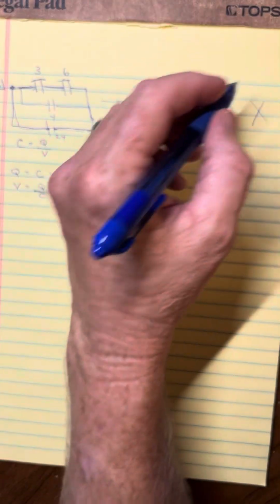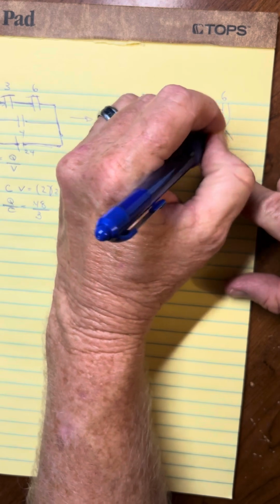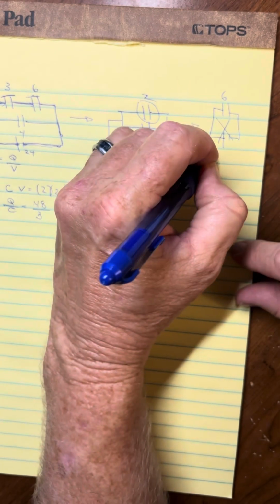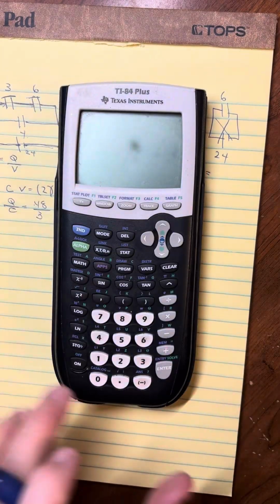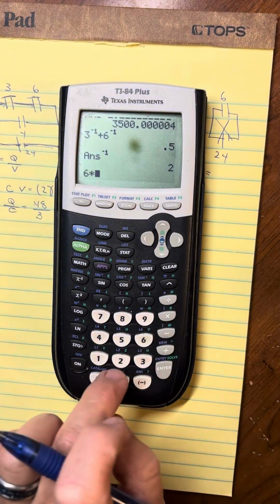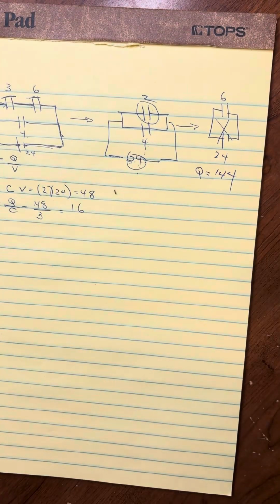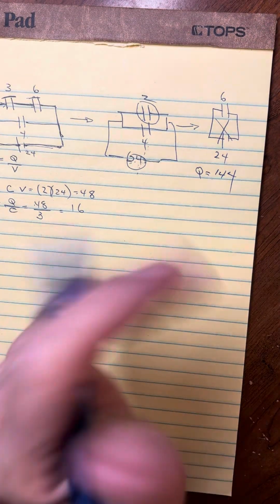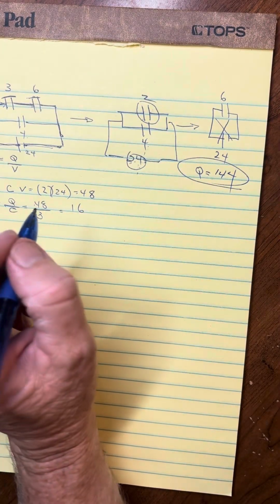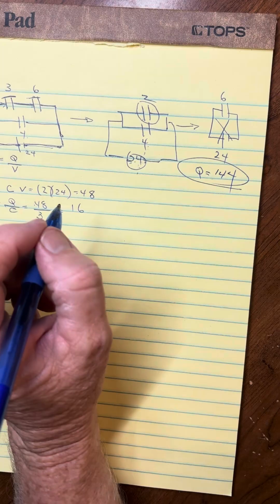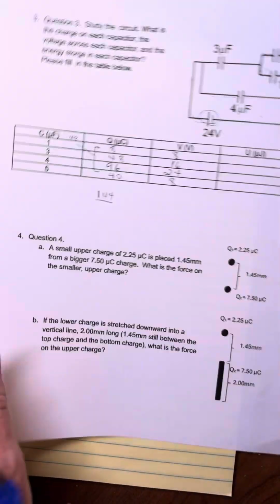I didn't do the equivalent of these two, but if I did, it would be a 6 connected to a 24. And so the charge would be 6 times 24, which is 144. So, awesome. 144 is exactly what I want to look at here, and it does match this.